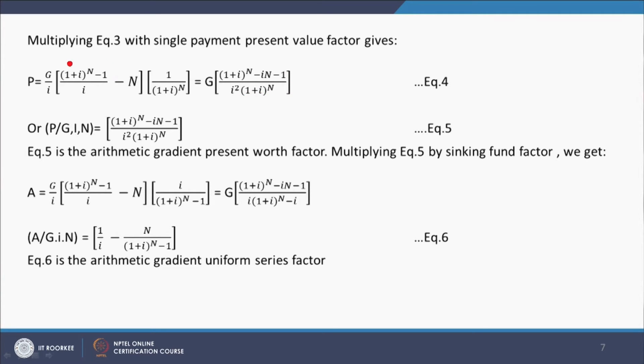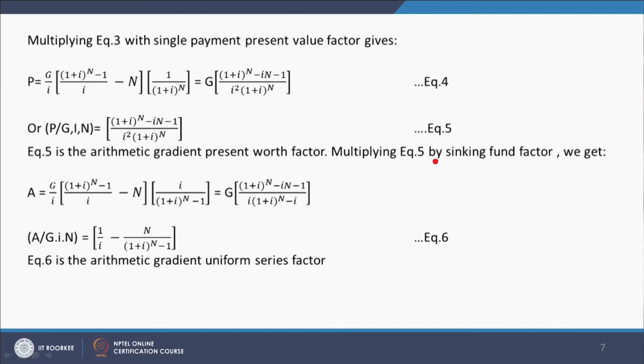What has been done? It has been solved: n here is divided by i, then multiplied, so it becomes i square, and this is (1 plus i) to the power n. So, we can write down the factor P by G, i, n is equal to this. Equation 5 is the arithmetic gradient present worth factor.